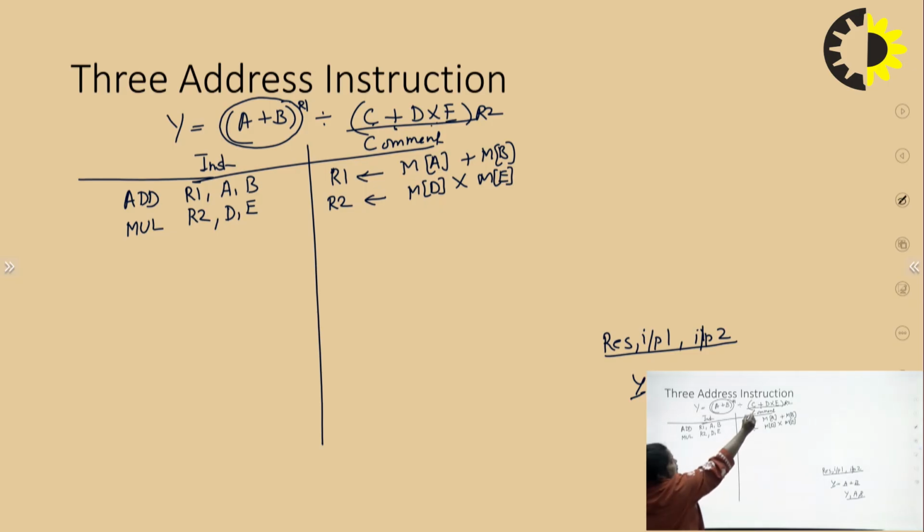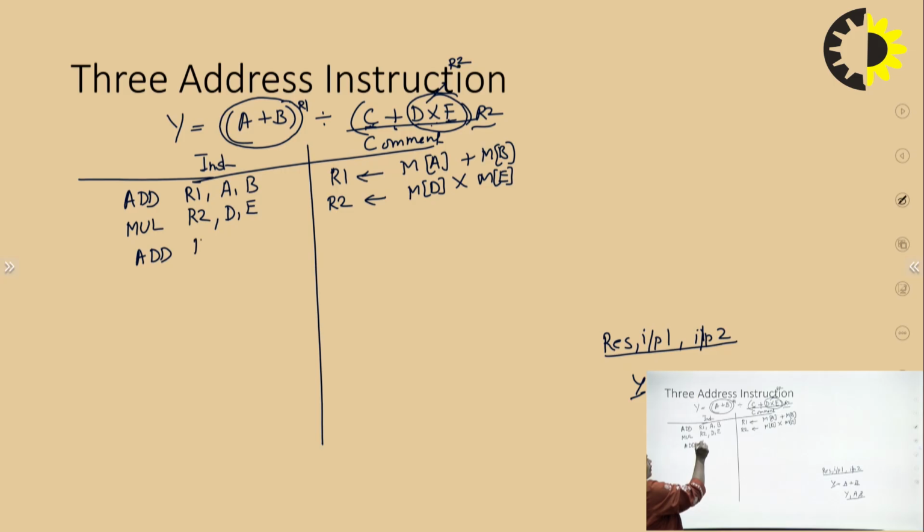Then C is there, and the complete result of D into E is stored in R2. Because the multiplication is already done, now comes the addition operation. D into E is stored in R2, and the complete result is going to be stored in R2.